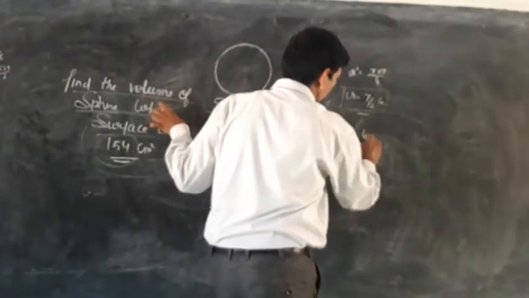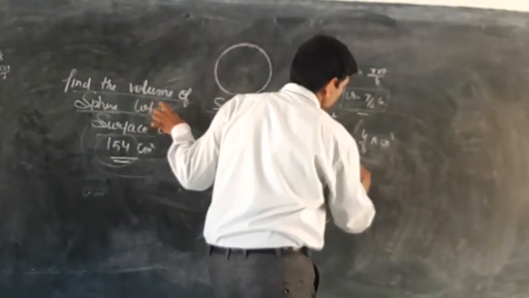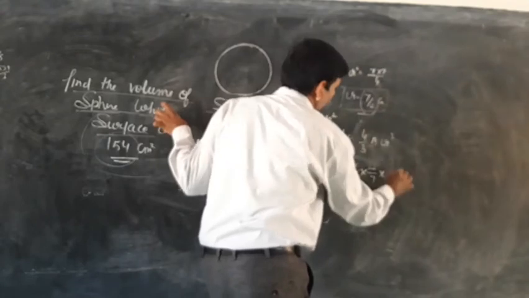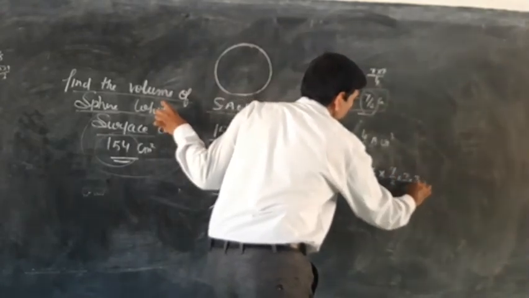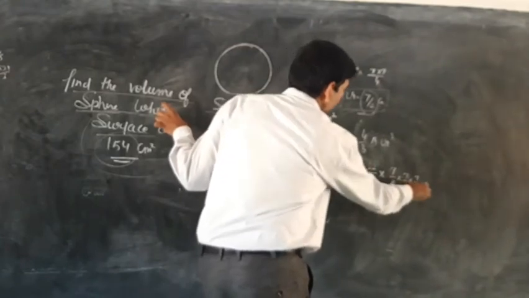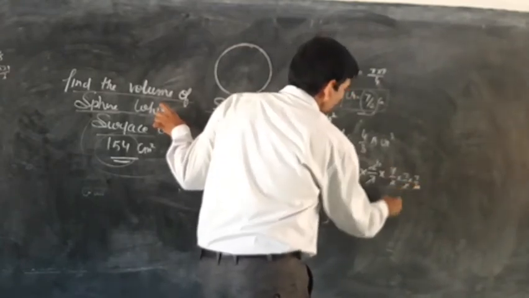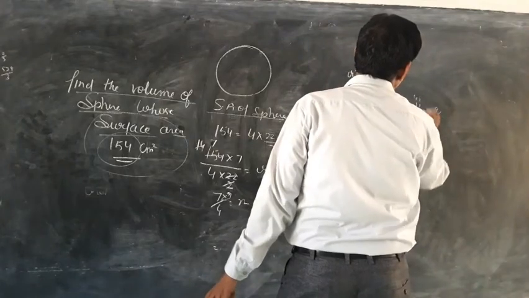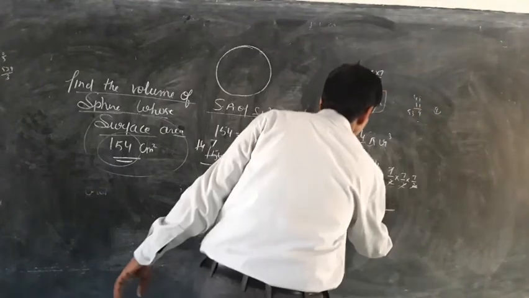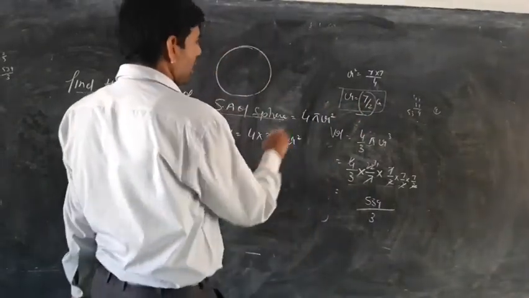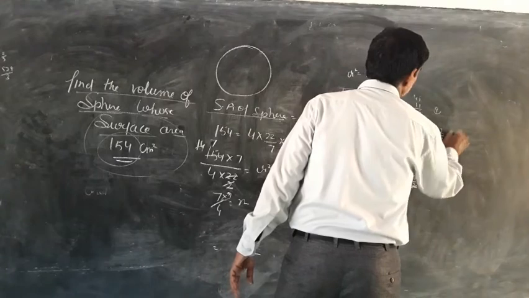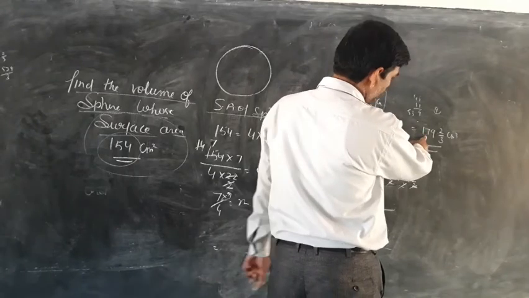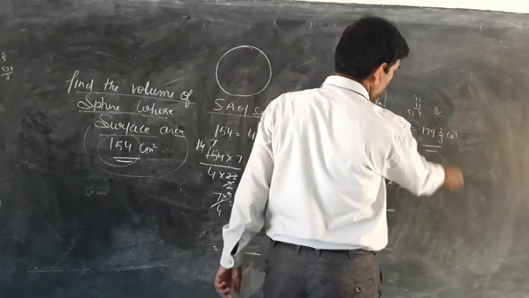So volume is equal to 4 by 3 pi r cube. The value of pi will be 22 upon 7 and the radius will be 7 upon 2 into 7 upon 2 into 7 upon 2. 2 2s are 4, and 2 goes 11 times, and 7 and 7 cancel. 7 7s are 49, 49 into 11 is 539, so 539 upon 3 is 179 and 2 by 3 centimeter cube.